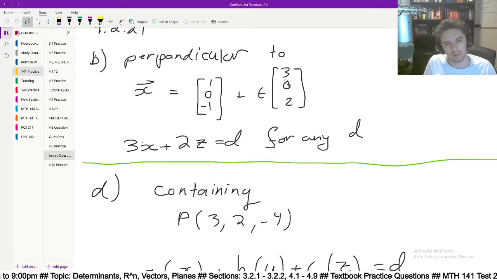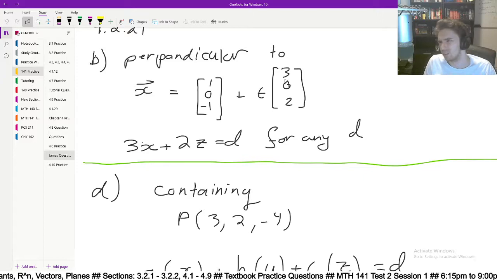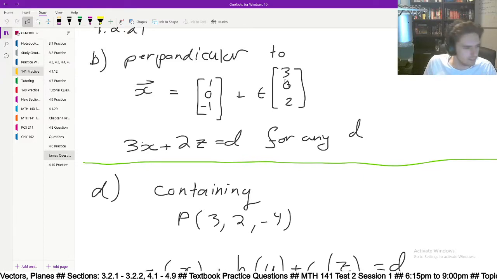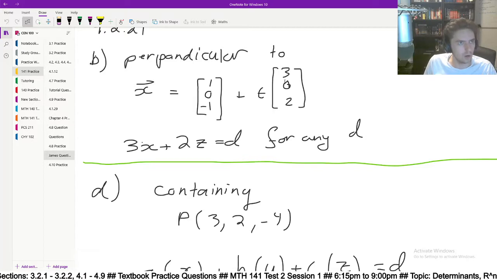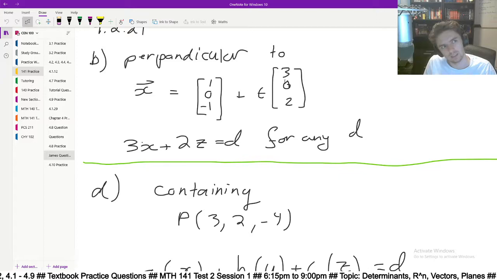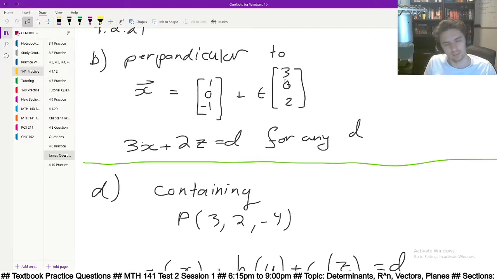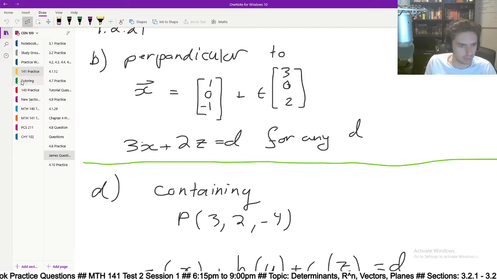That doesn't make sense. Find the equation of all planes perpendicular to that line. Oh, it still doesn't make sense. Yes, it does make sense. Never mind. I was overthinking this one way too much.